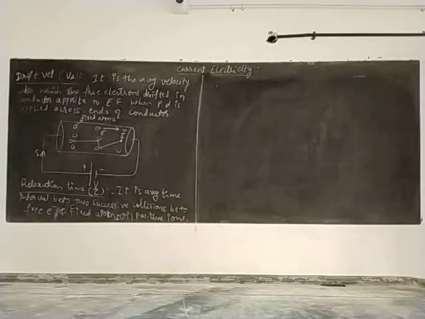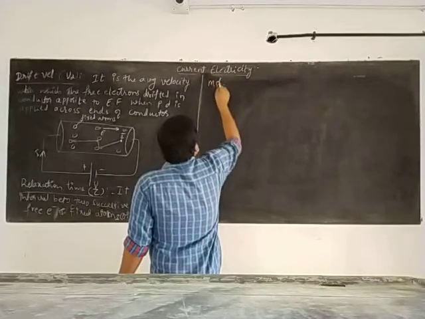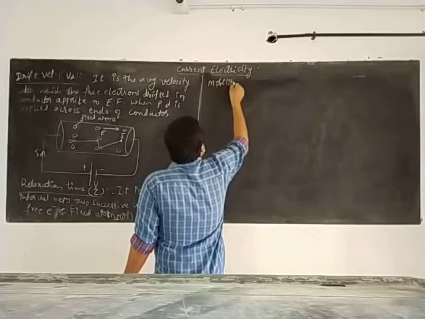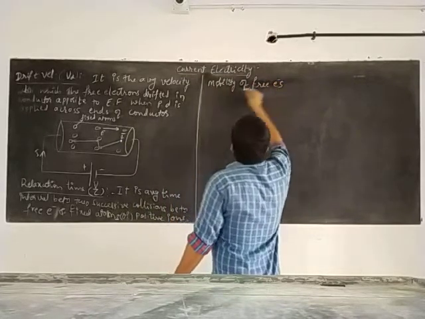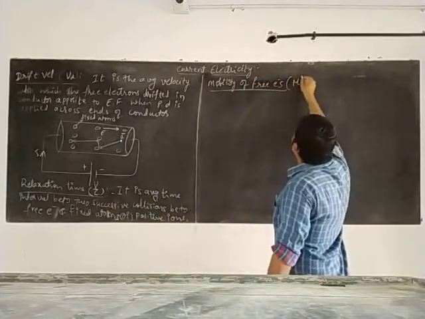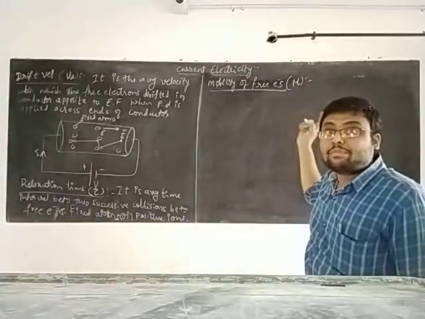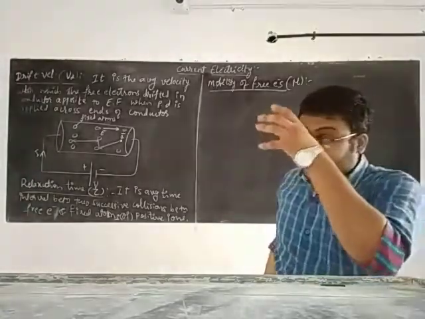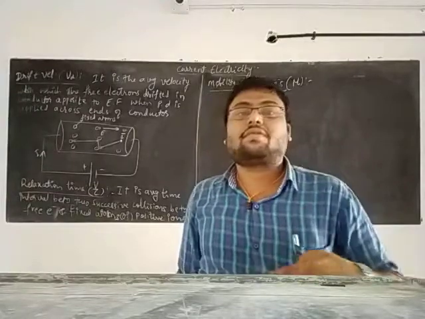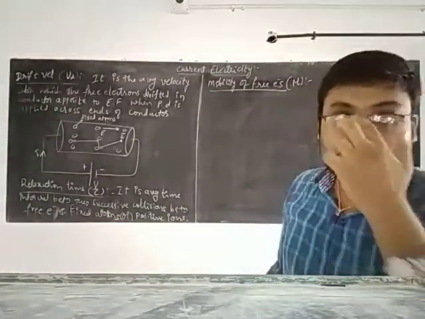The next one is the mobility of free electrons, and it is going to be represented with the help of mu. Mobility of free electrons means the drift velocity acquired by the free electrons per unit electric field.